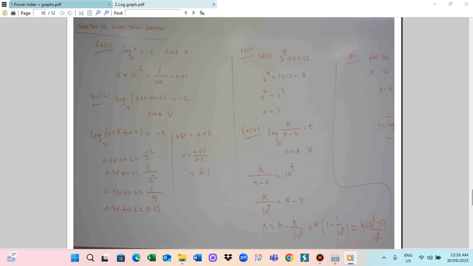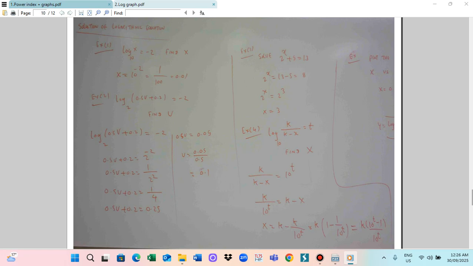Logarithmic and exponential equations. The logarithm function means we can convert non-linear to linear. Exponential form means 2 power minus 3, 5 power minus 1, a squared, a power 3.